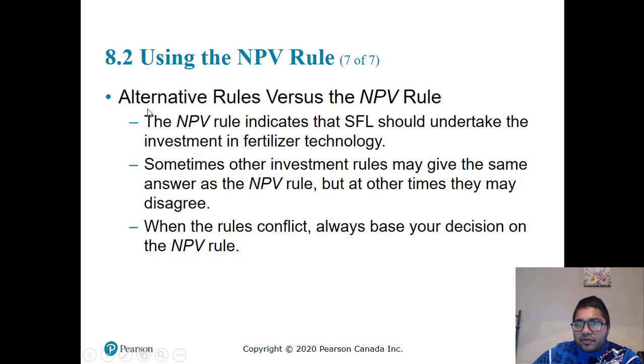Now, alternative rules versus the NPV rule. The NPV rule indicates SFL should undertake the investment in the fertilizer technology. Sometimes other investment rules may give the same answer as NPV, but at other times they may disagree. When there is a conflict, always make your decisions based on NPV. Sometimes IRR has problems.